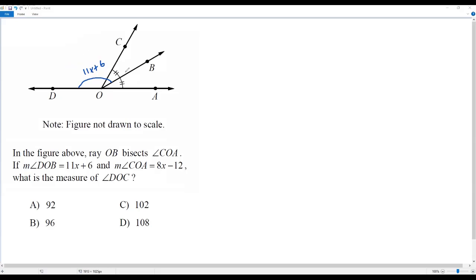Okay, so here the measure of angle COA is given. The measure of angle COA equals 8x - 12. So to get the measure of angle BOA, I have to divide the measure of angle COA by 2, because the measure of angle COA has been bisected, divided into two equal parts by the ray OB.